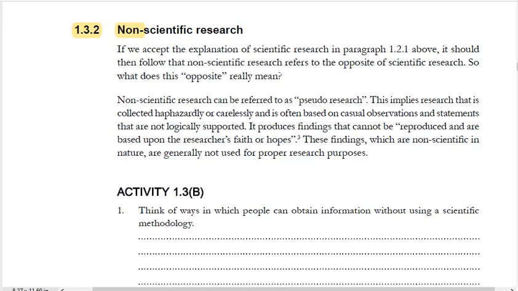It produces findings that cannot be reproduced and are based upon the researcher's faith or hopes. These findings, which are non-scientific in nature, are generally not used for proper research purposes. So there you have it in black and white, guys.